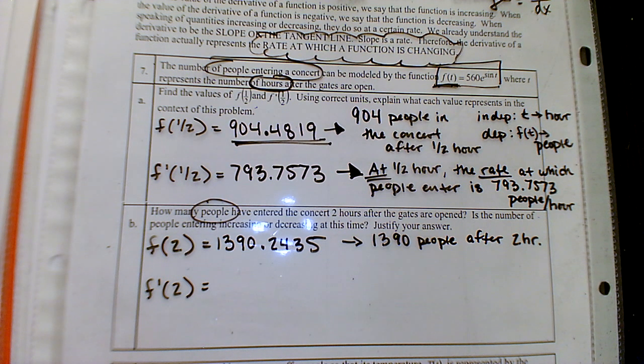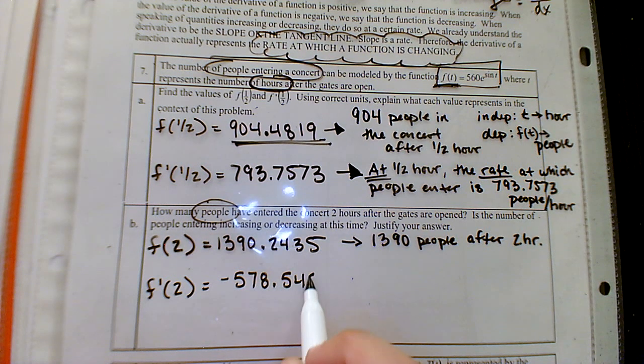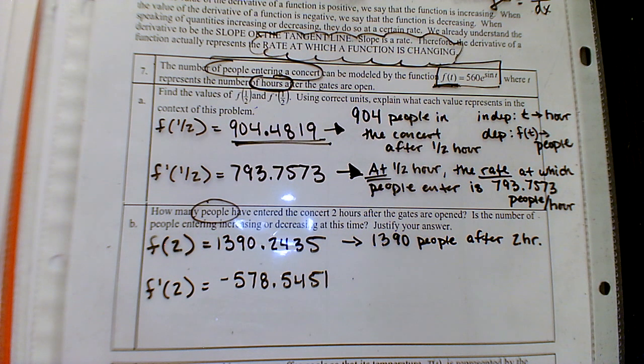The first box is x, the second box is the function, and we're going to plug in 2. So I got like negative 578 and some change.